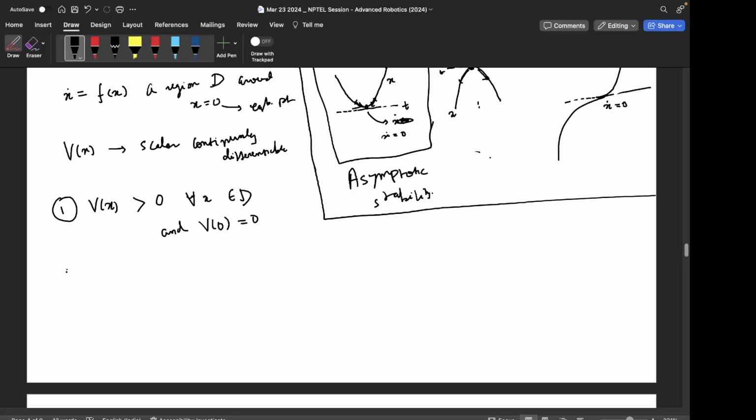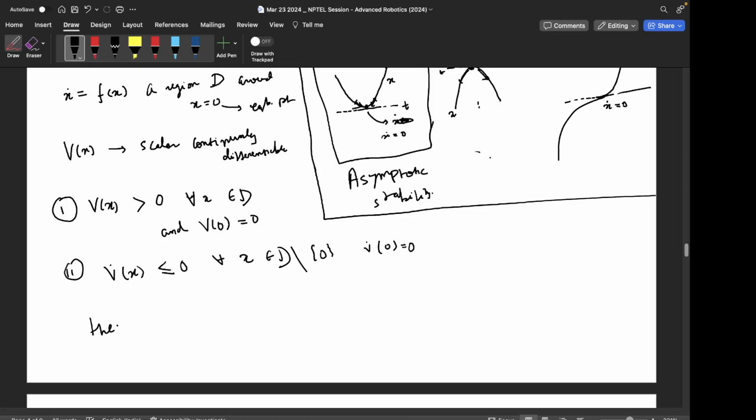Now the second criterion is about V dot(x). V dot(x) should be less than or equal to 0 for all x belonging to D except 0, and at 0 it should be 0, right?